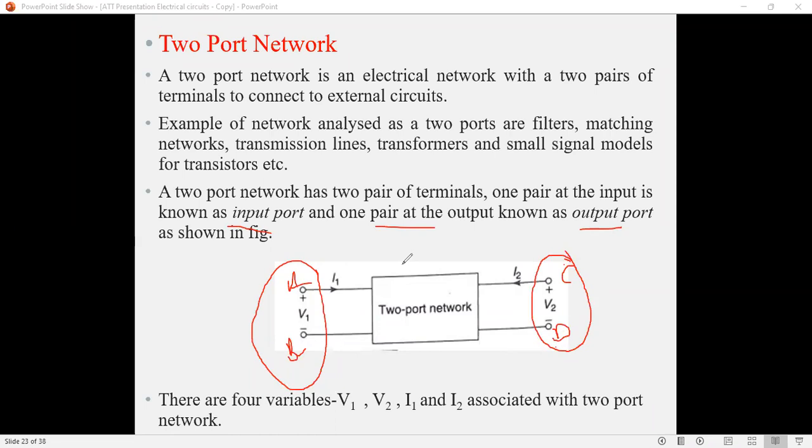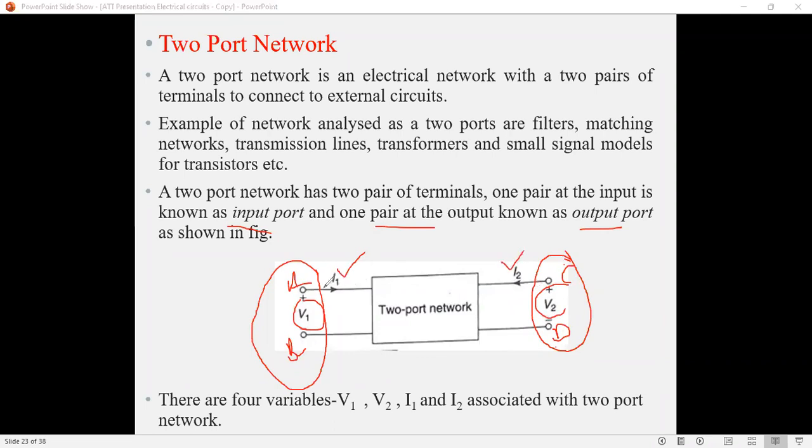Now in a two-port network, there are 4 variables associated with the two-port, that is V1, V2, I1, I2. V1 is the input voltage, V2 is the output voltage, I1 is the input current, and I2 is the output current.